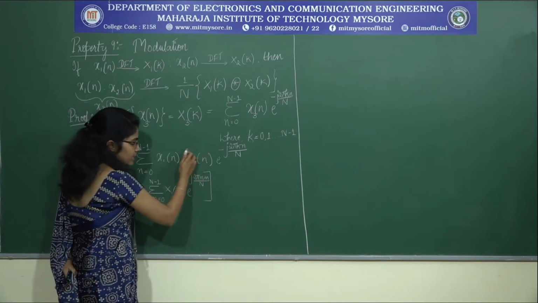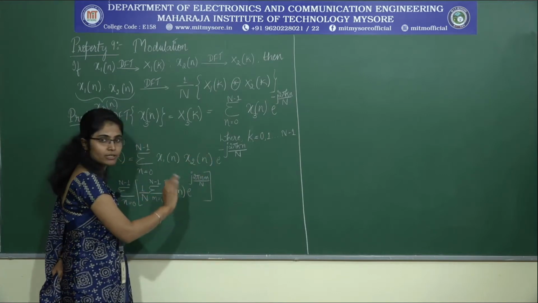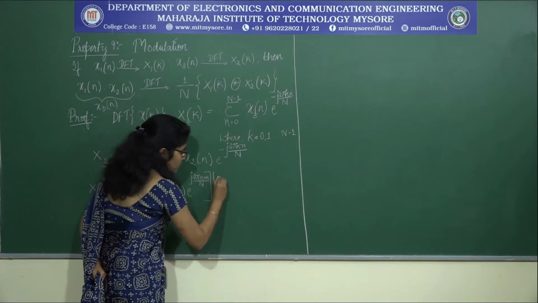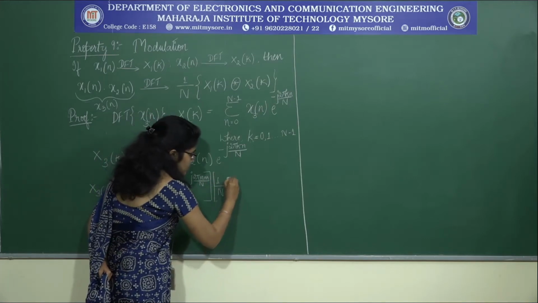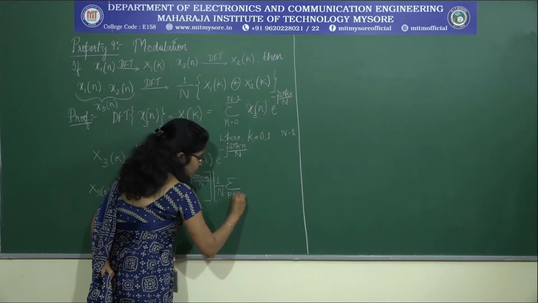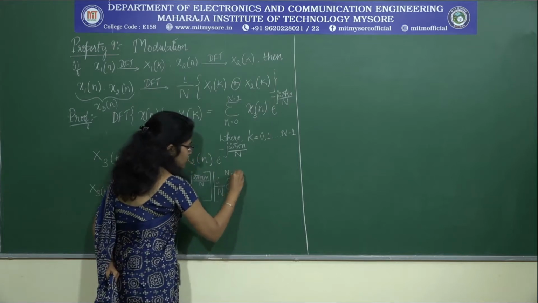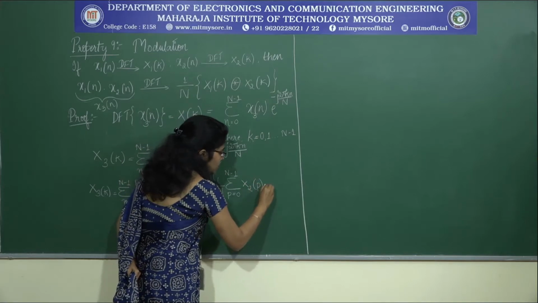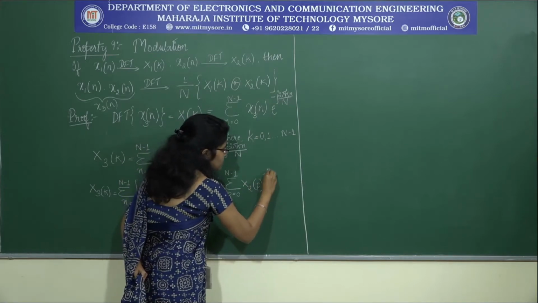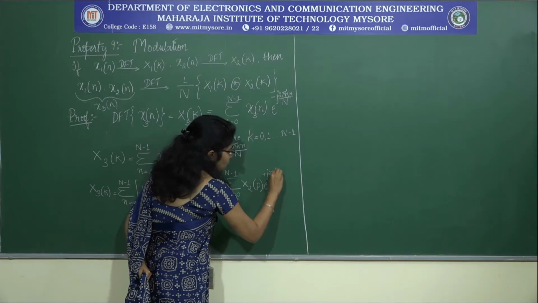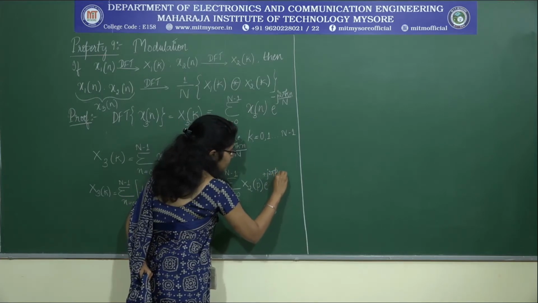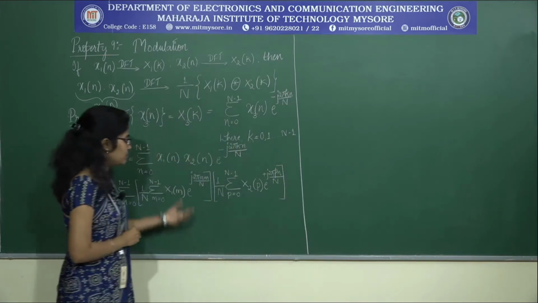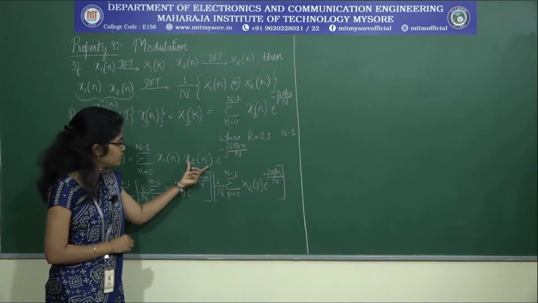Similarly, let us write the IDFT equation for this also with the variable p. So I can write it as 1 by N summation p ranges from 0 to N minus 1, X2 of p into e power plus j 2 pi p n divided by N. So this completes the IDFT equation of x2 of n.